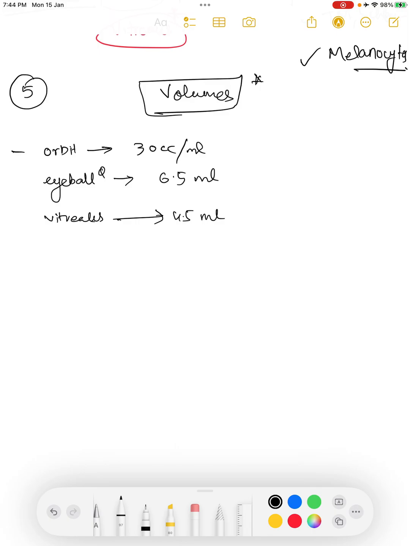Not important, you can avoid it. And aqueous humor, I have mentioned it. Check it in the previous slide. I hope you are getting a hang of this basic ophthalmology so that we can slowly start chapter wise.